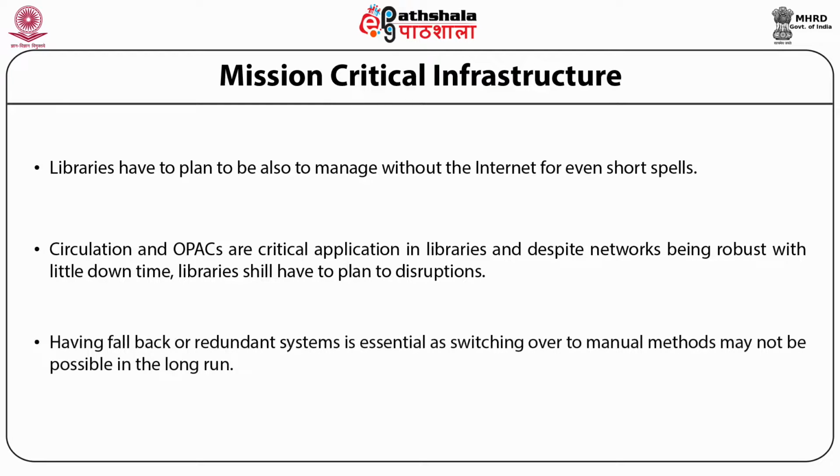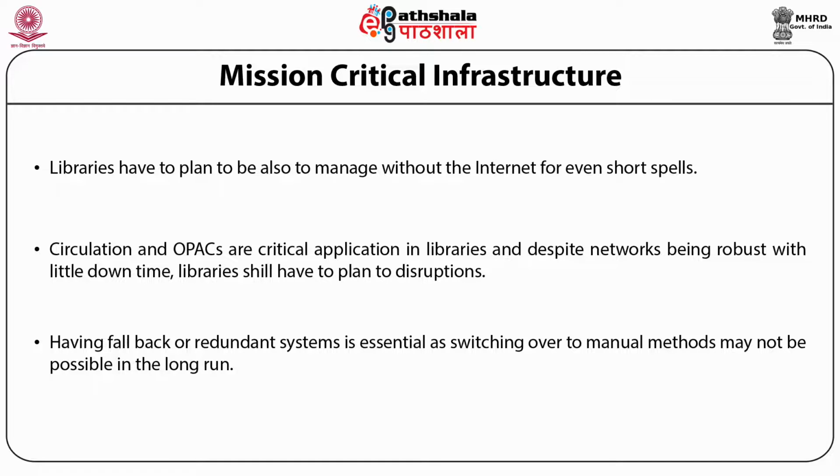Having a fallback or redundant system is essential, as switching over to manual methods may not be possible in the long run. We are aware of situations in some libraries decades ago when both the manual catalog as well as the OPAC were operated in parallel.